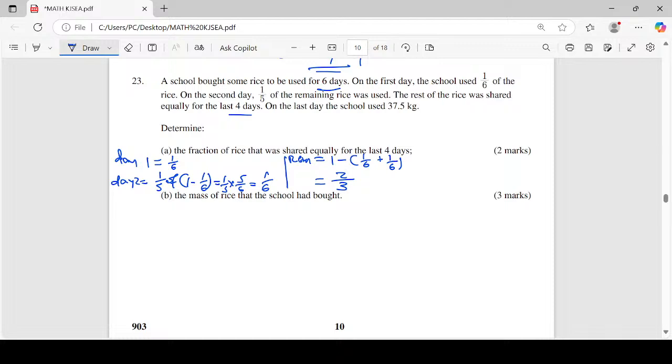So when I took a fifth times 5/6, I got a sixth. That was what was used on day 2. Then to get the remaining after the 2 days, I take the total fraction 1 minus the sum of what was used on day 1 and day 2. That gave me 2 over 3.